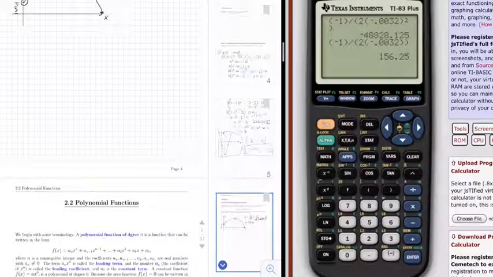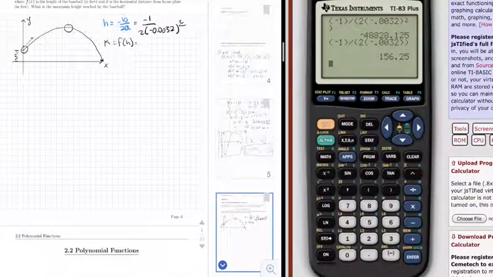That's like 9 or 10 miles. They're not going to do anything like that. So I figured we made a mistake somewhere. The problem was that I thought this was squared, but it's just an approximation symbol. So we got 156.25 feet.